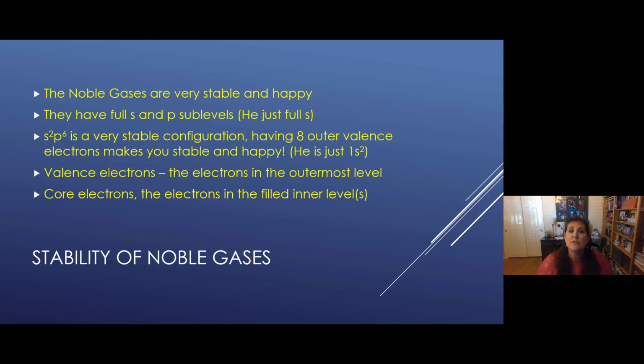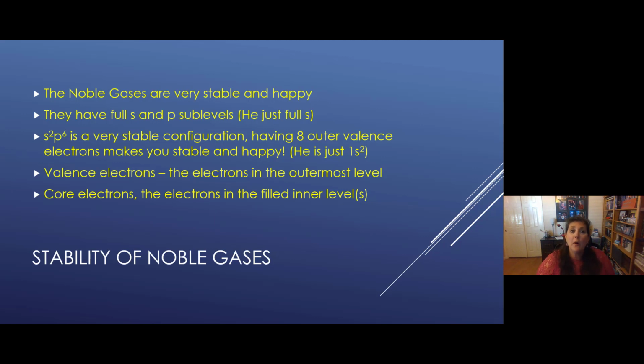Valence electrons are the electrons in the outermost level for an atom. Everything except for helium in the noble gas column has 8 valence electrons because they all end s2p6. 2 plus 6 is 8. Helium just has 2 valence electrons because it only has 2 electrons to begin with, so it can't have 8.